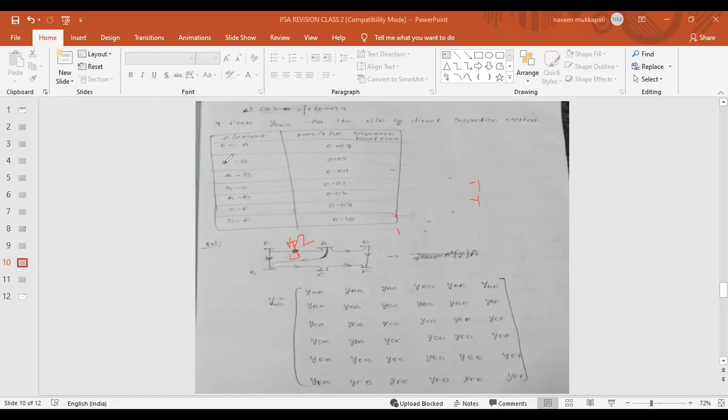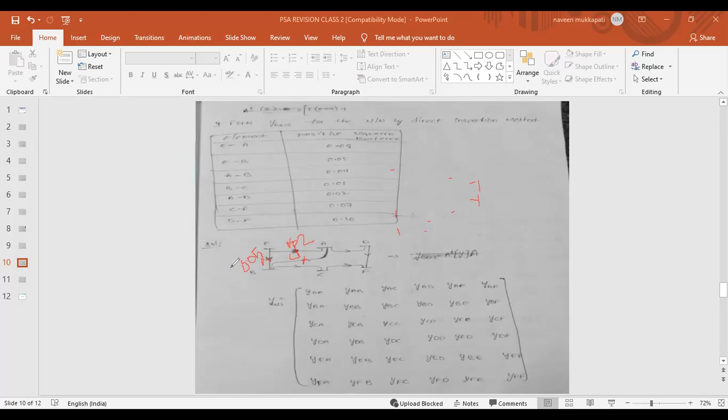Next, E to B. This is the second element, the direction is E to B, and the value is 0.05. Next, A to B. This is the third element, and the value is 0.04.